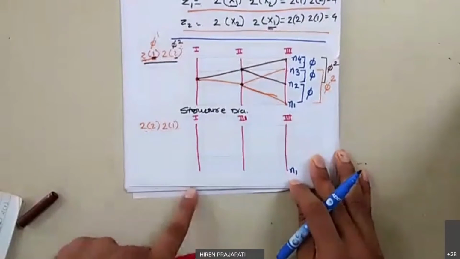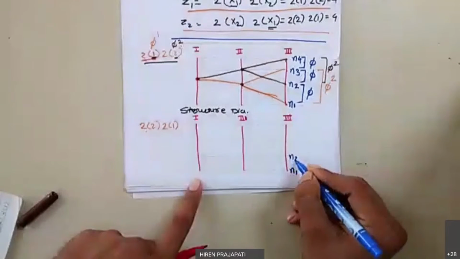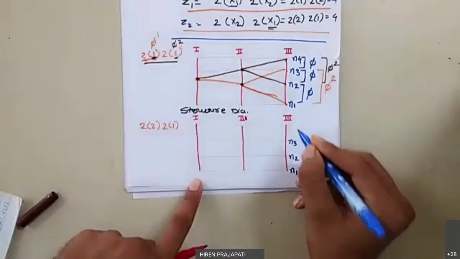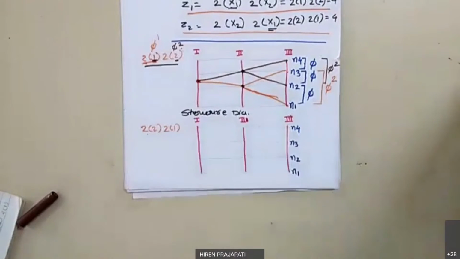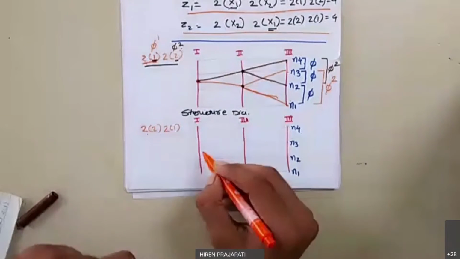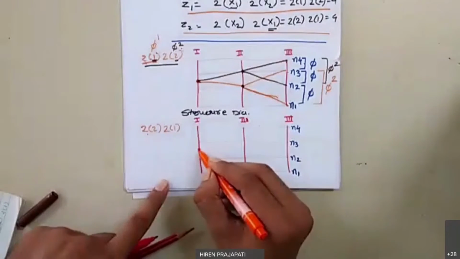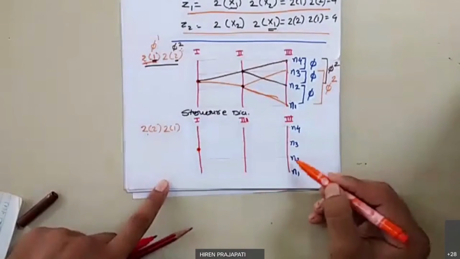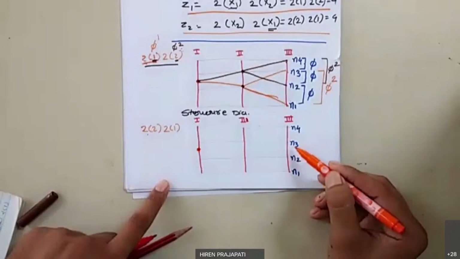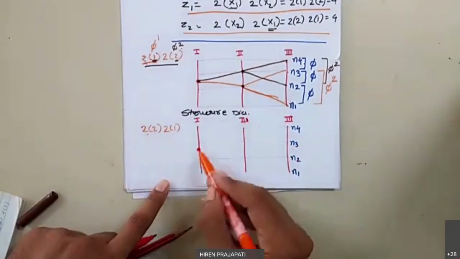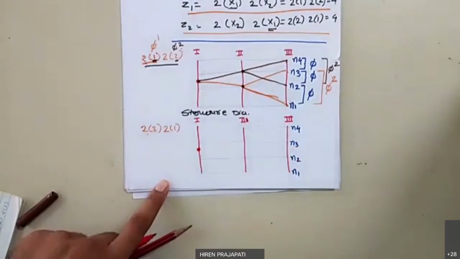Similarly, this is N2, N3 and N4, right? Now, next I need to pick the midpoint of line 1. The midpoint of line 1 means the middle of speeds N3 and N2. So that is here, right?